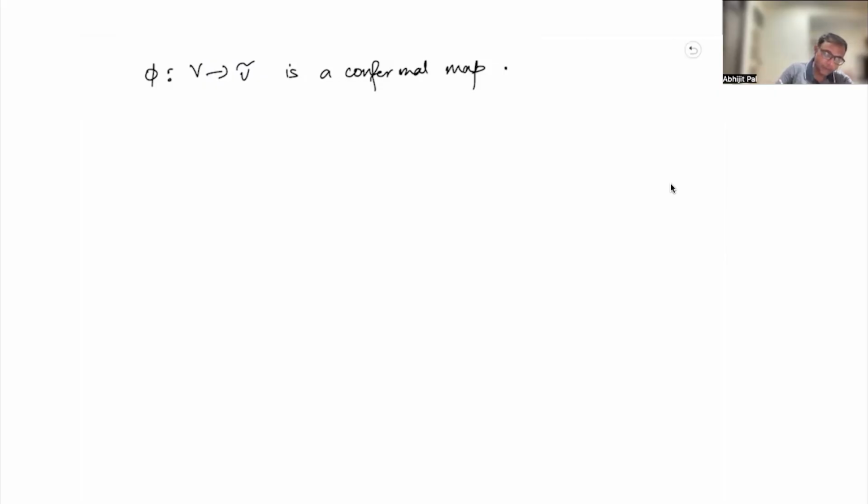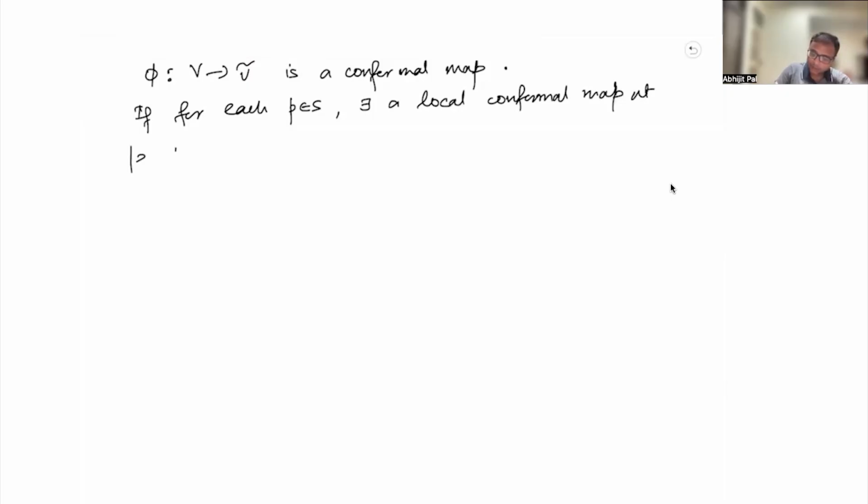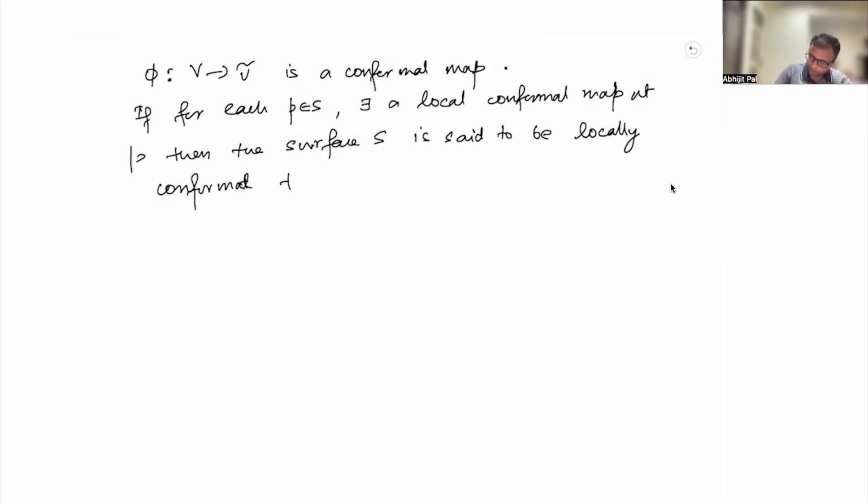If for each P belonging to S there exists a local conformal map at P, then the surface S is said to be locally conformal to S tilde.